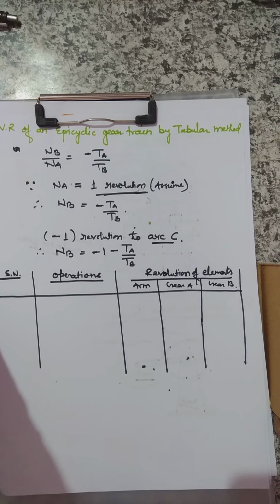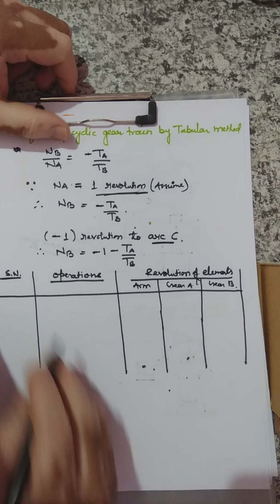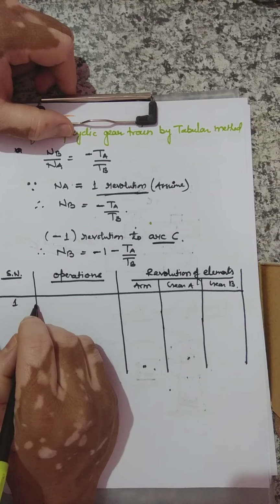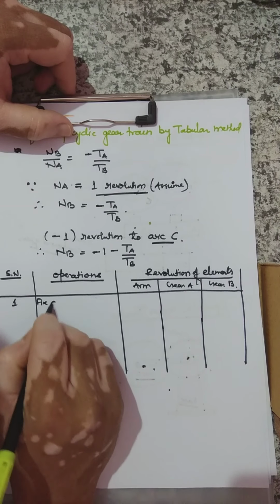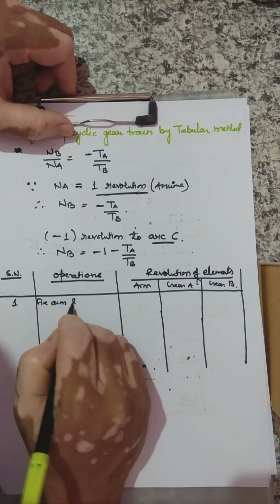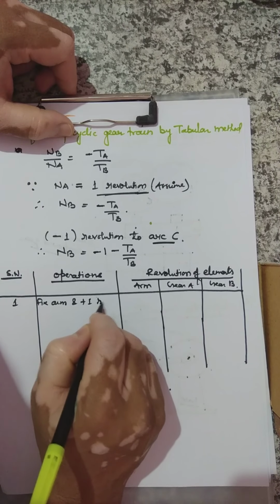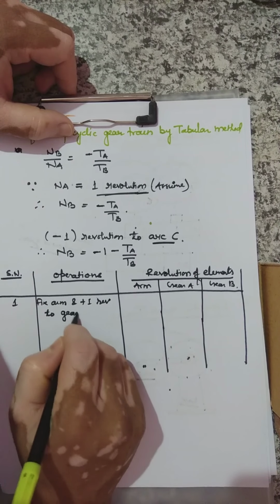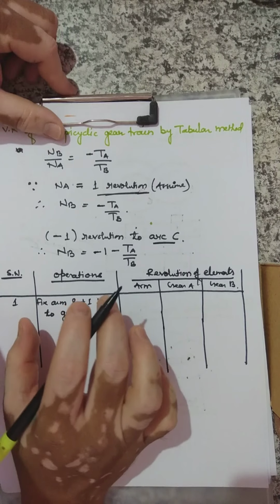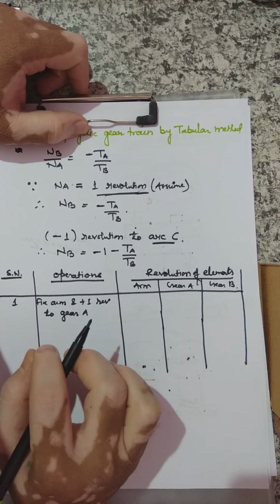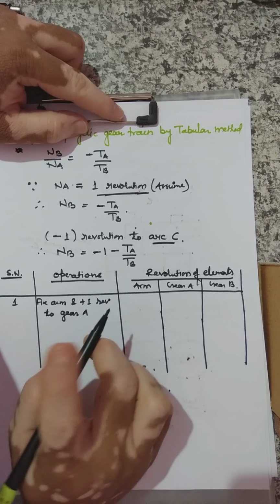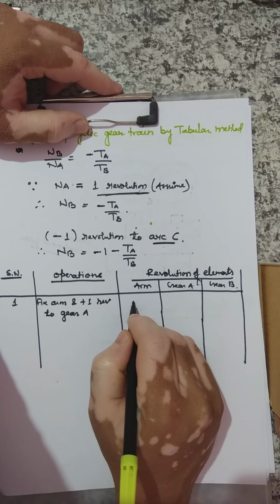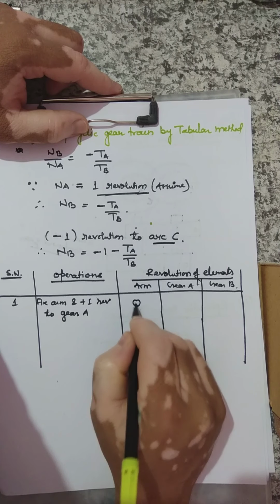Now in serial number 1, we fix the arm and give plus 1 revolution to gear A. Then in the arm there is no motion.